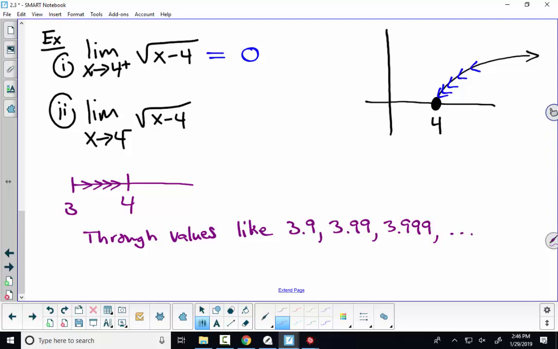So graphically we don't need the graph to answer that question. If we think numerically about what we're doing here, all of those numbers are going to give me the root of a negative number, right?